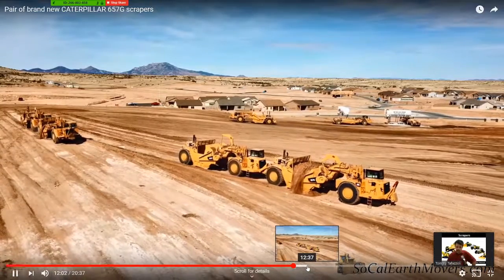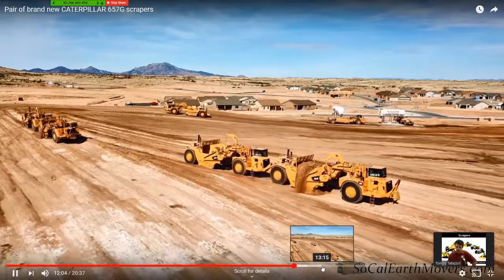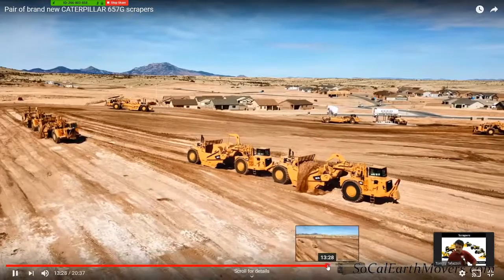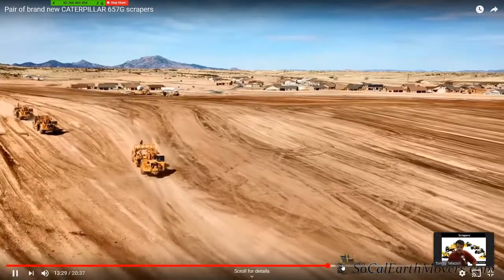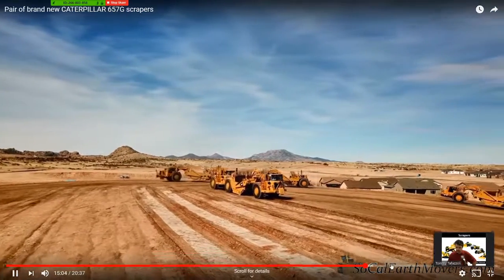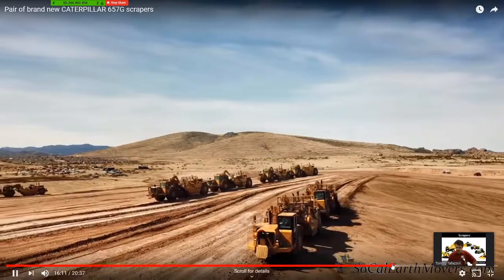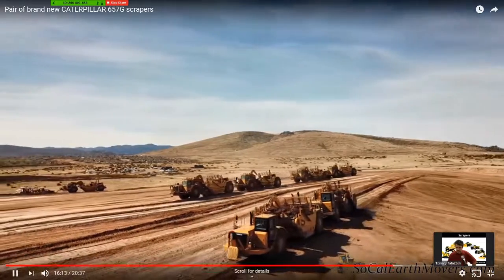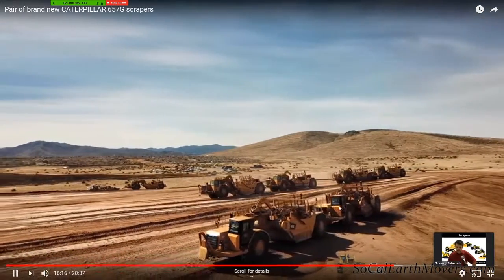So it can move the earth for short distances, and sometimes it is used to move earth for up to 300 feet. This is not the only type in this video.